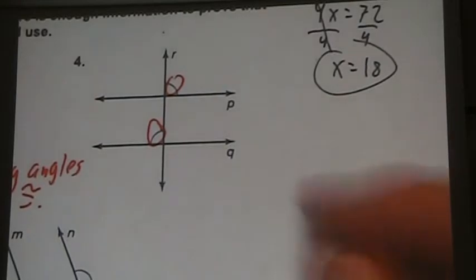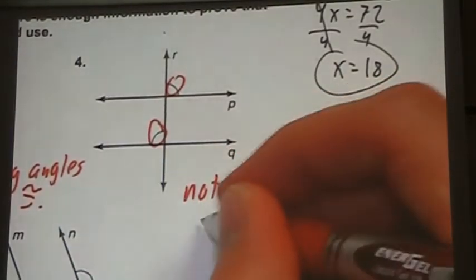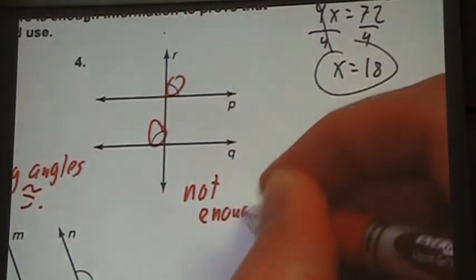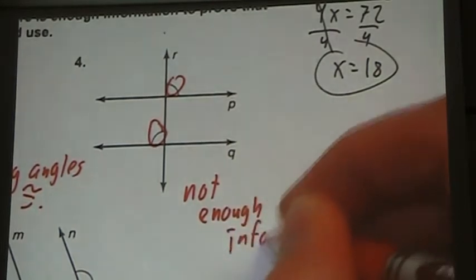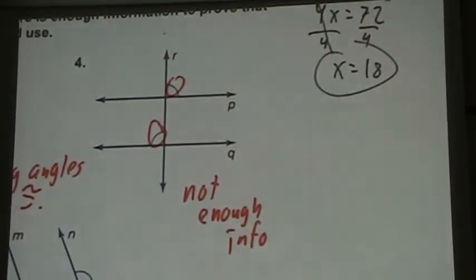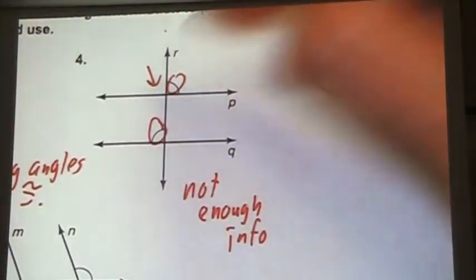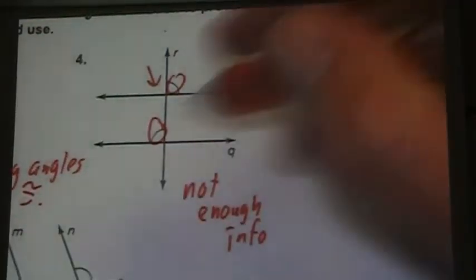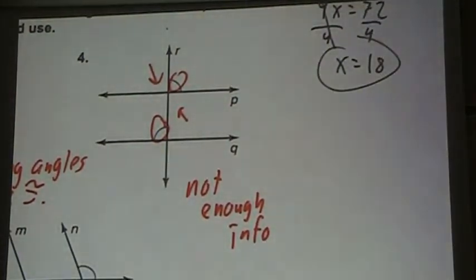We say not enough info. We don't know. Okay? Because again, if they were corresponding, we'd have this angle. They're not. If they were alternate interior, we'd have that angle. We don't. So these angles have no special relationship, so don't force it.